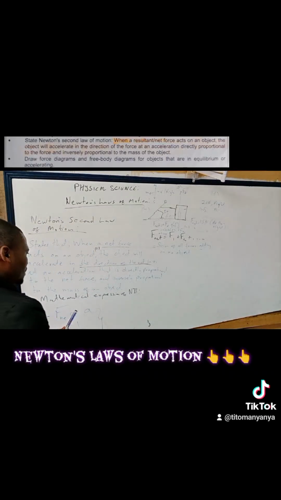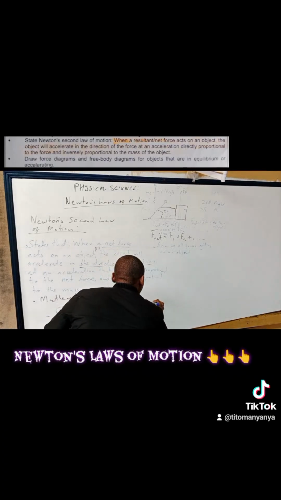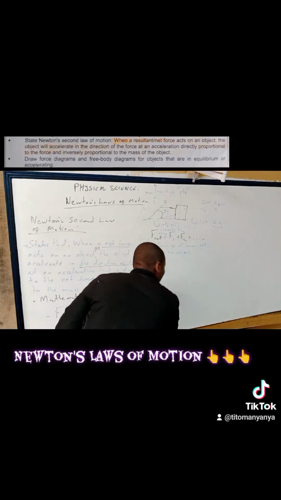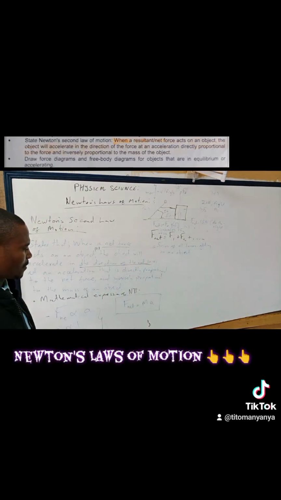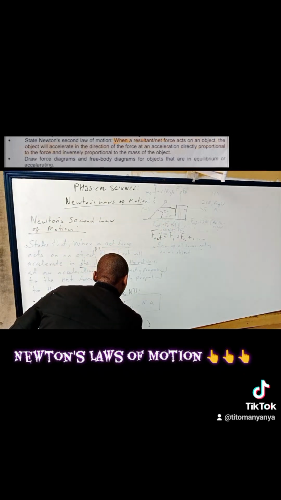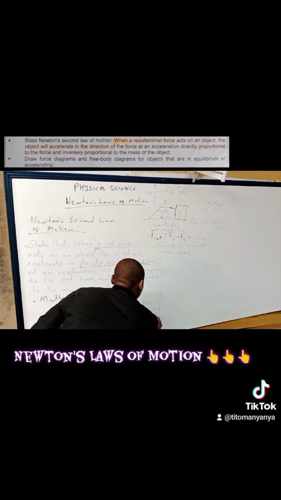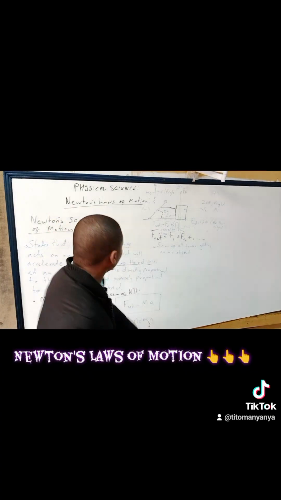The formula under Newton's second law is net force equals ma. According to that example, net force is force applied plus minus friction, equals mass times acceleration.